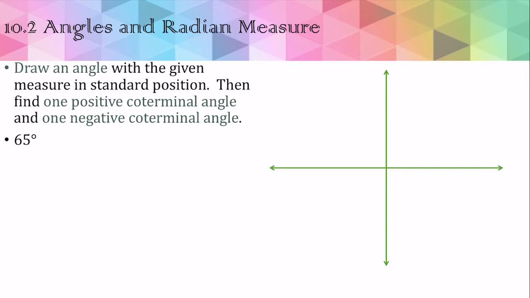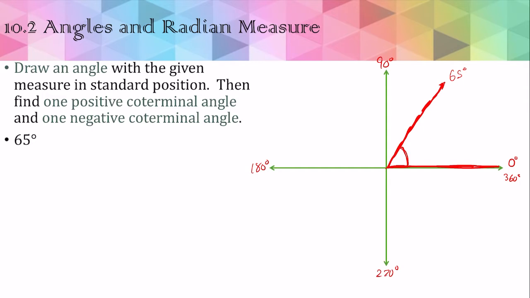If this is 0, the positive x-axis is always 0, then that's 90, 180, 270, and we're back to 360. 65 is between 0 and 90, and it's closer to the 90, so the terminal side would be about there. That would be about 65 degrees.